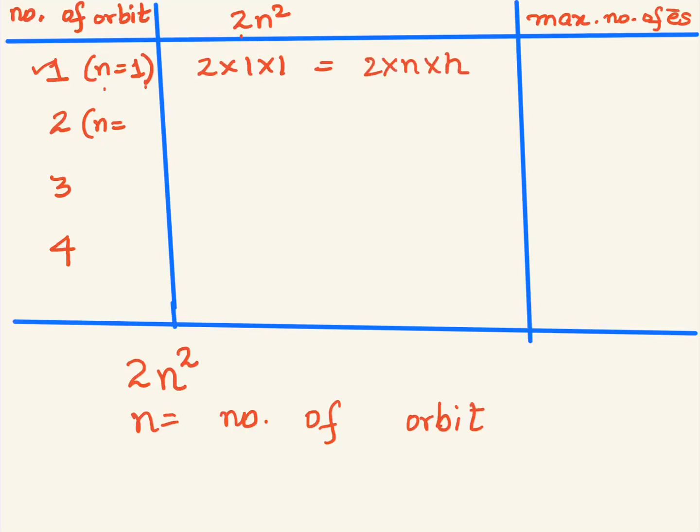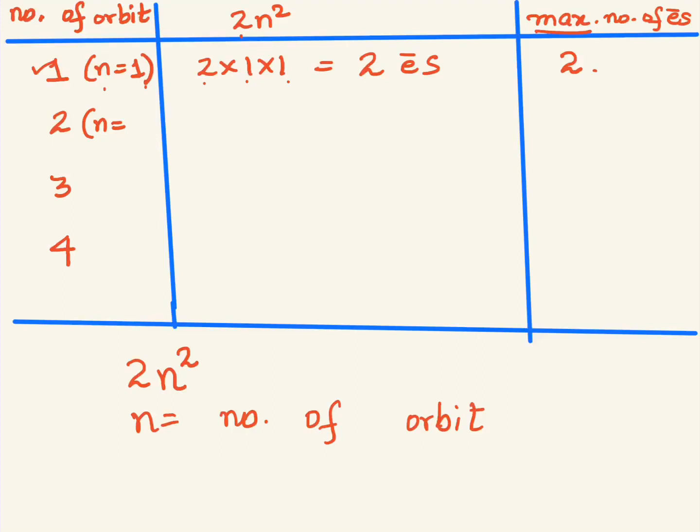Here n is 1, so we'll have 2 into 1 into 1. What does this give me? 2 electrons. Now, please understand, it is the maximum number of electrons which are possible in the first orbit. It can be less than 2, it cannot be more than 2.